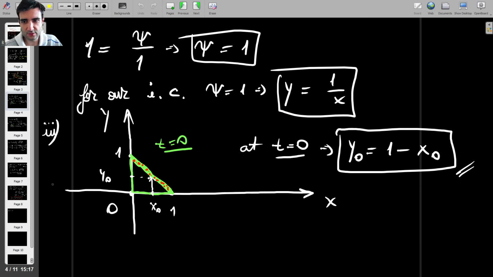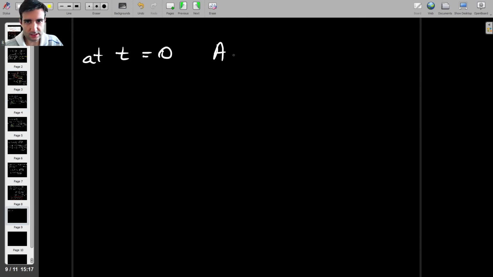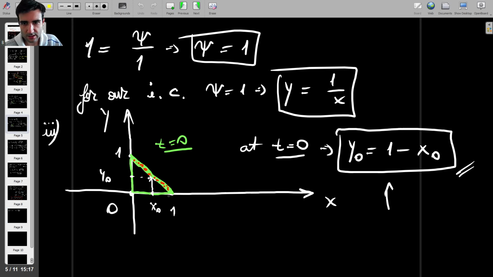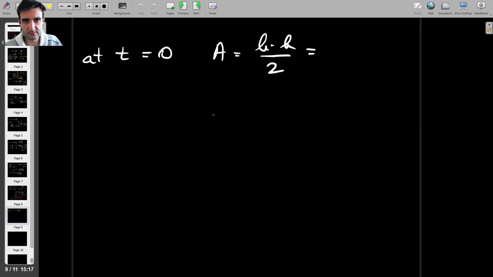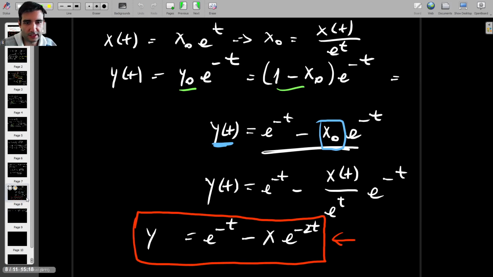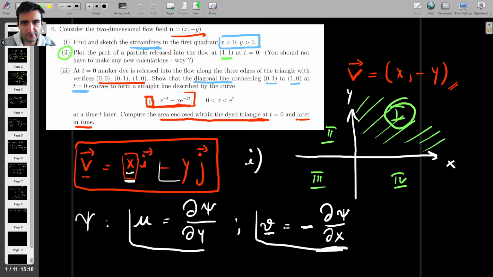The area of the triangle is base times height over 2. The base is 1, the height is 1, so it's 1 times 1 over 2, which is 1/2, whatever units you have squared.